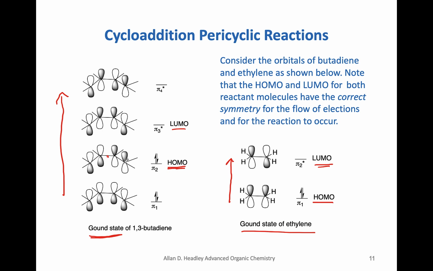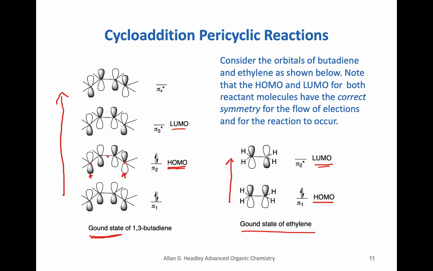So let us look at the ends of these orbitals, sometimes referred to as the frontier molecular orbitals. So here's this carbon for the butadiene, here's the other carbon. Notice the phasing here and here. Let's look at the LUMO for the ethylene.